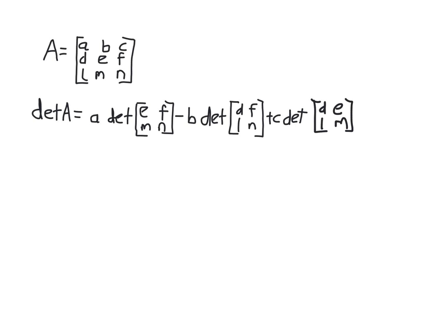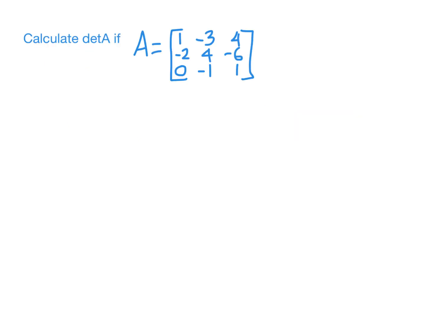Now let's do an actual example. So we're going to calculate the determinant of this matrix here. So we start with the first element in the first row, which is 1. I'm going to cross out its column and row, and I'm left with a 2 by 2 matrix. 4, -6, -1, and 1.